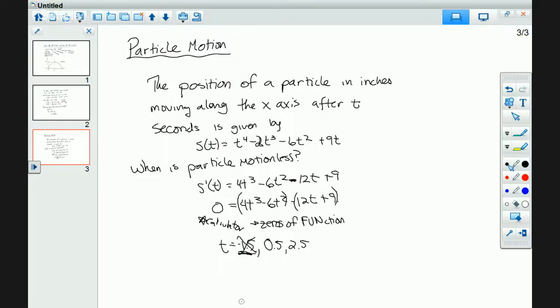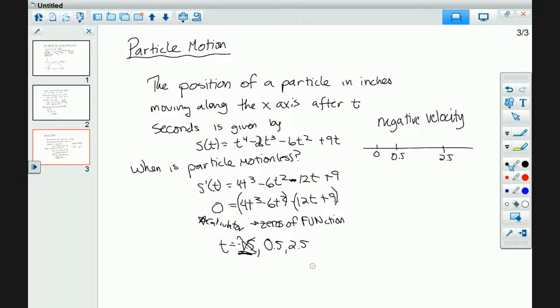Not down, this is the x-axis. So left. Negative is left on the x, right? Negative velocity. So we know it is 0 at these times, correct? So positive, negative, maybe negative, positive. How would I figure that out?